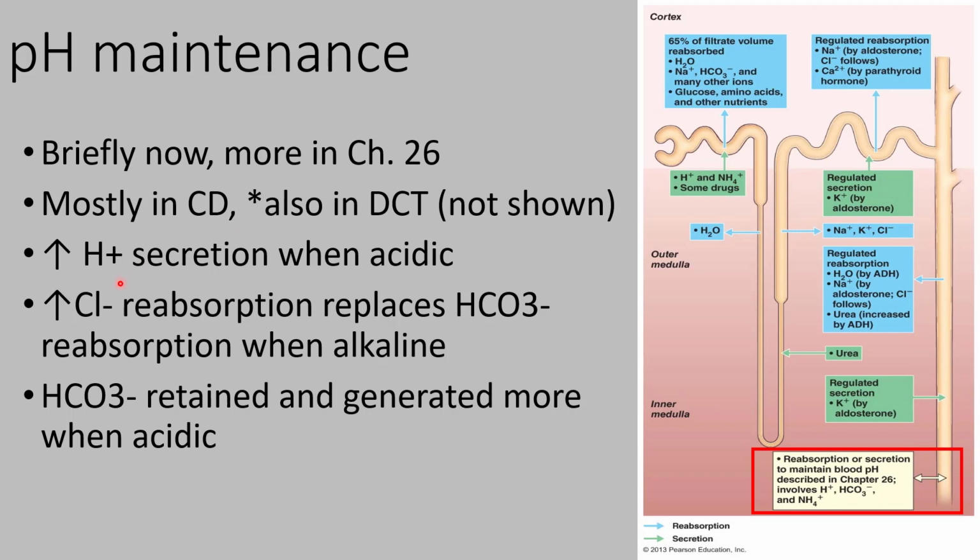So, in the case of H+, when H+ is high, H+ secretion goes up. When the body is acidic, that means that there is excess H+ in the bloodstream, and H+ gets secreted.